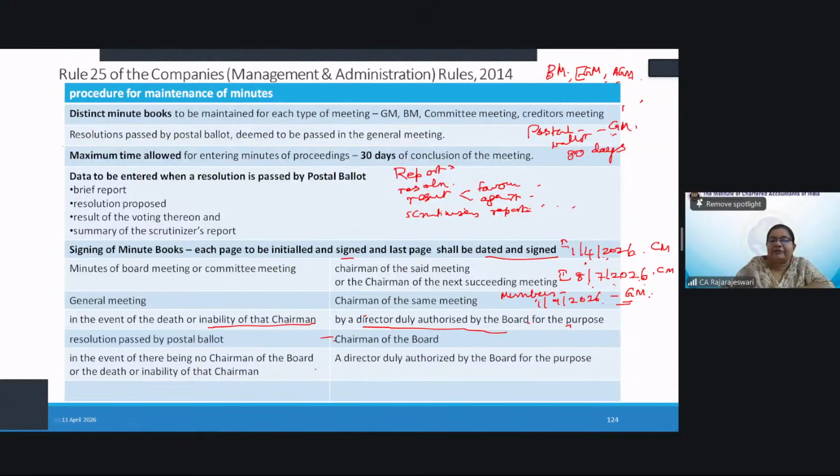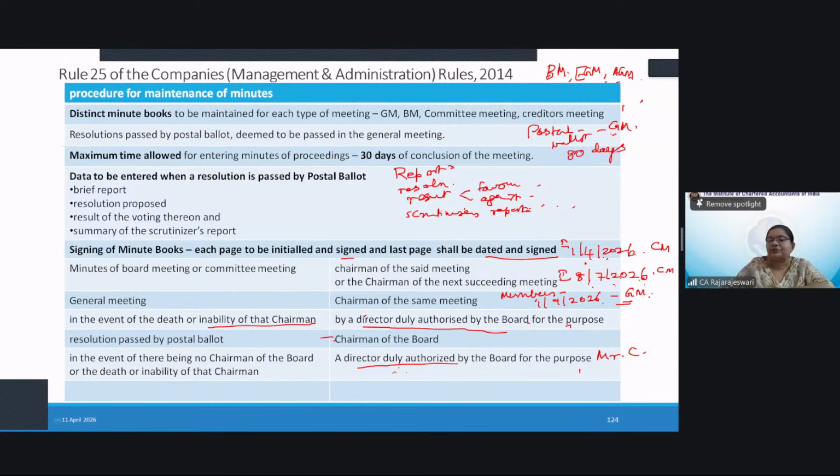Then, in the event of there being no chairman of the board or the death or inability of that chairman, any director duly authorized by the board can sign. For that you have to pass a resolution authorizing him to sign the minutes of the general meeting. So, in the board meeting, you have to authorize him. Mr. C is the person who is authorized, who is a director.